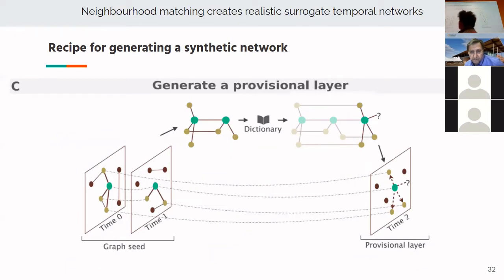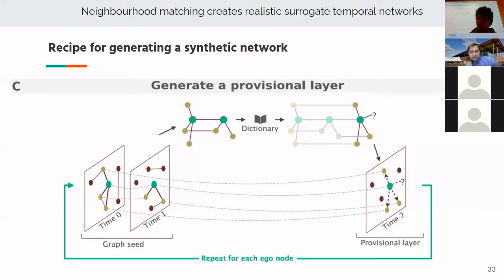You can see from the image that the provisional layer is, first of all, directed, and moreover, there is the question mark, because there could be a new node, and we don't know yet which of the other nodes it is. And we repeat this procedure for each possible node, so we consider each node as an ego at least once.